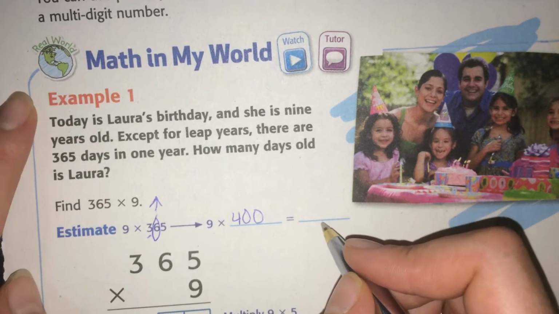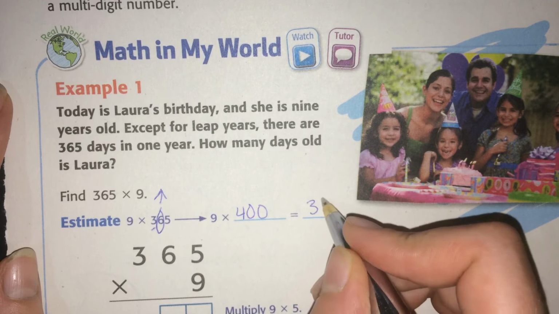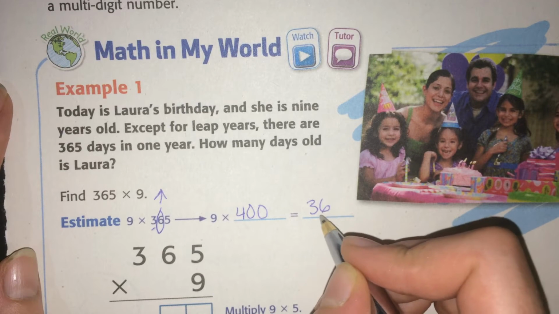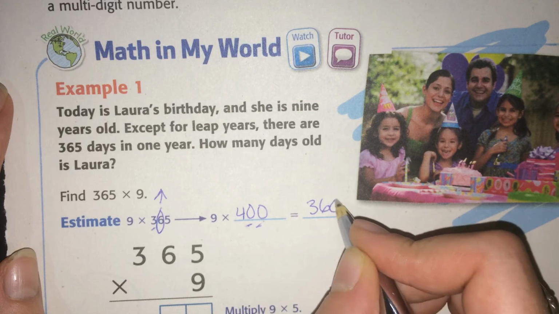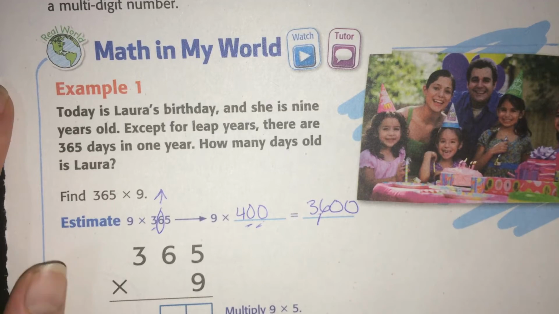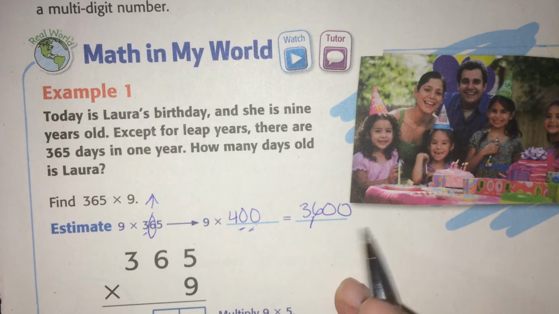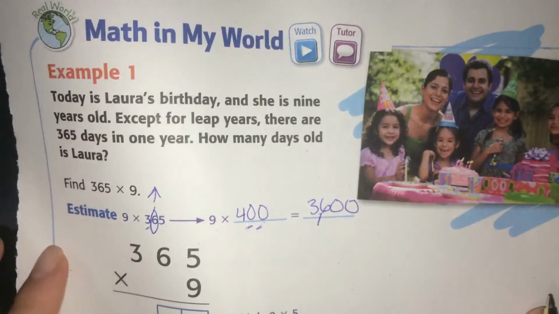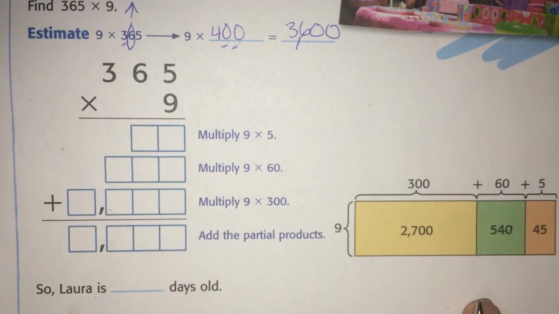I know from my math facts what 9 times 4 is, 36, and then I'm going to have these two zeros. Don't forget the zeros, so 3,600. If I get a crazy answer that's like 5,700 or 140, I know that I'm probably wrong. This just helps me know if I'm in the right area.